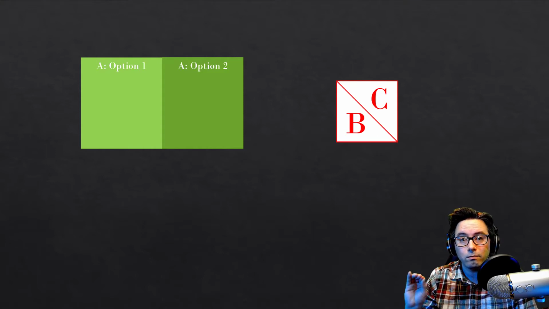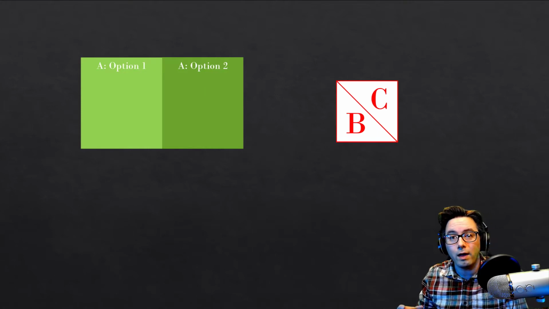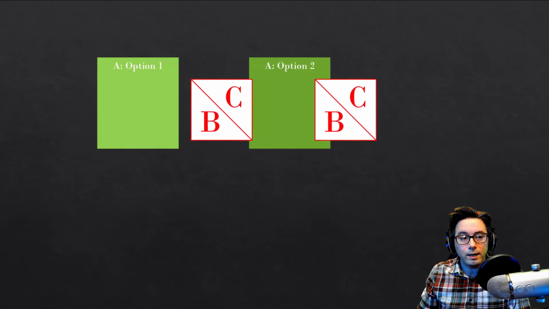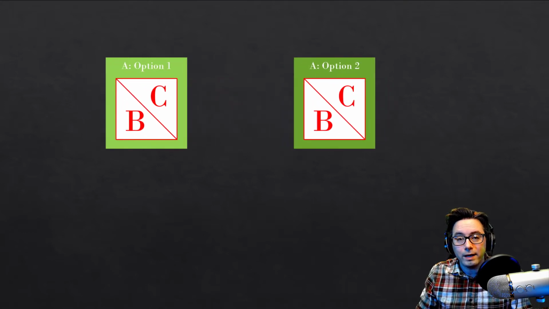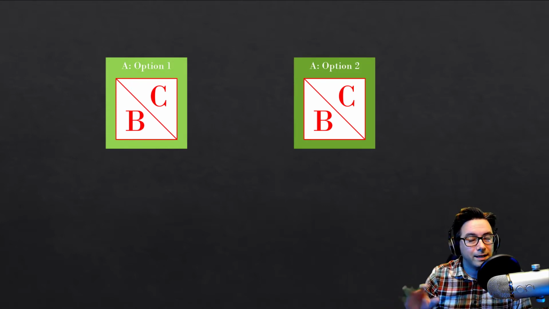So far, a normal chi-square test is what we have for B and C. But the way we do it for A is we subset the data for the two options: everything in the data for option one from A, and everything in the data for option two. Then we compare the relationship between B and C within each subset. That's how we get three variables at the same time.